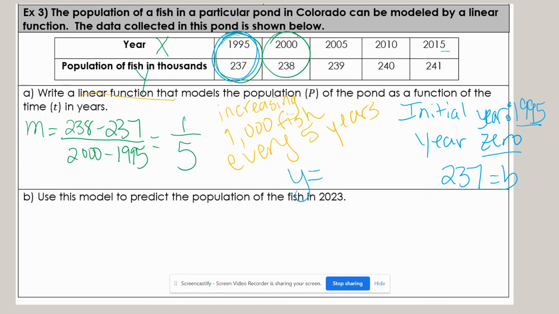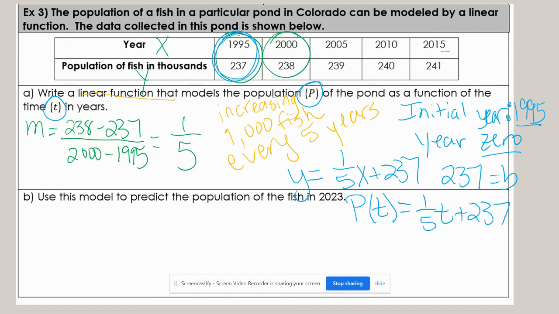I'm going to have y equals 1/5 x plus 237. But to put it in terms of this, we have population and time. So y is now going to be population, and x will be t for time. So 1,000 for every 5 years.